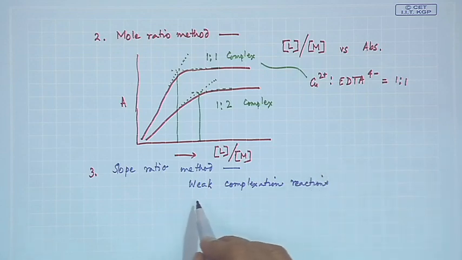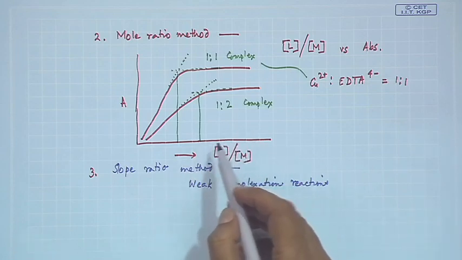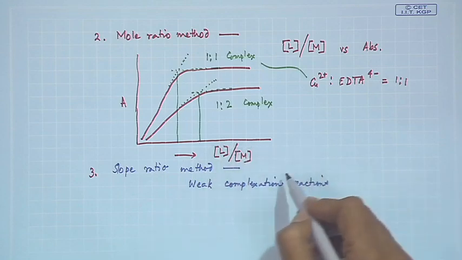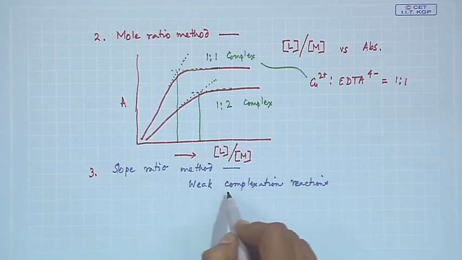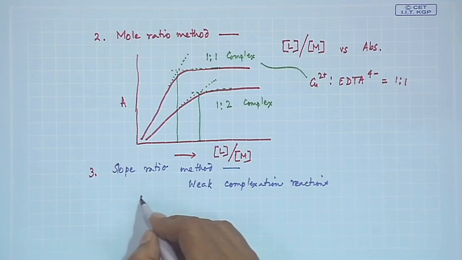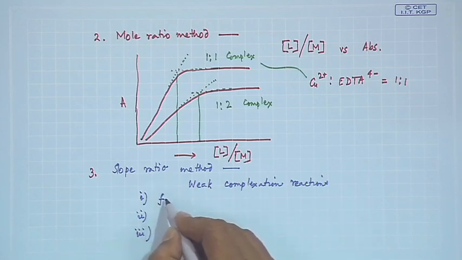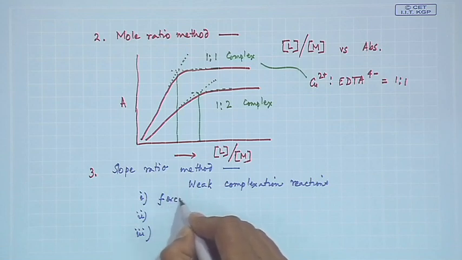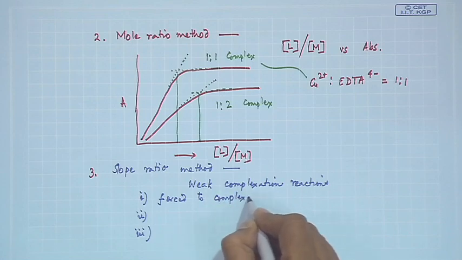Unlike the other cases where the complexation is very strong and we have a very high magnitude of Kf values, in this particular case of weak complexation the Kf values are small, and obviously there are some important things to remember: the ligand is forced into the complexation reaction when we add it.